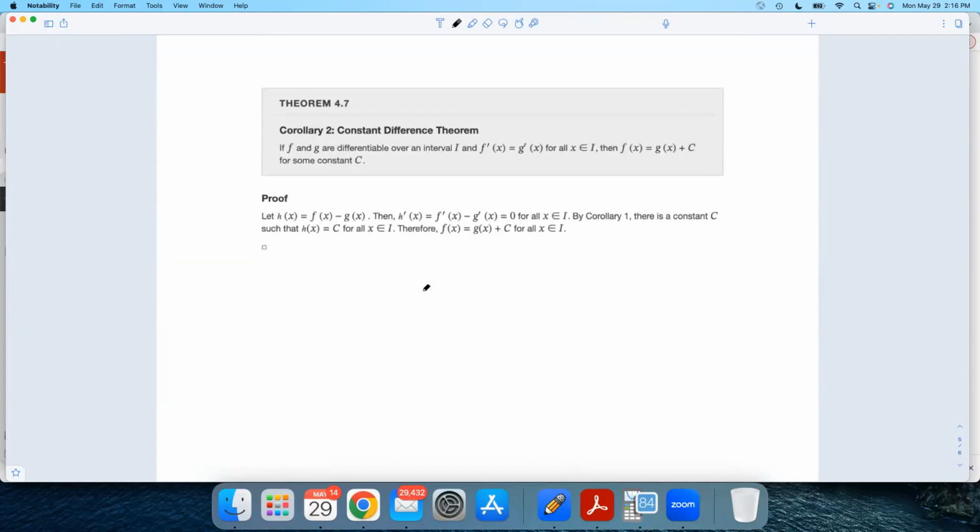So what this is saying is you've got yourself two functions. So maybe here, I'll draw the functions and then I'll draw their derivatives or some derivatives. So you've got yourself two functions and the slope of the tangent line at every point on f is the same as the slope of the tangent line on g at every point.